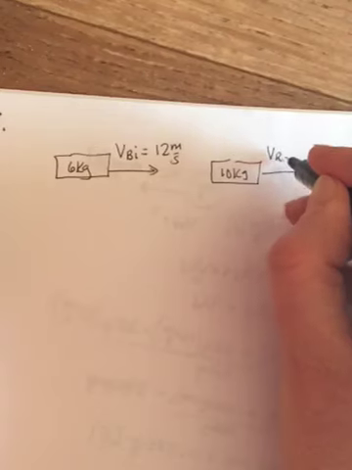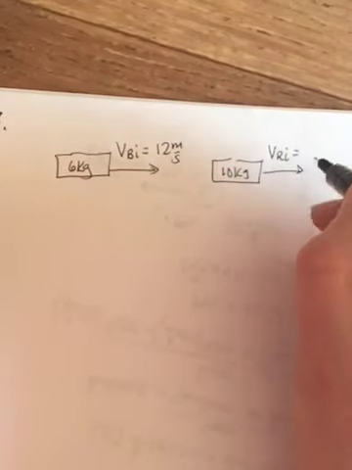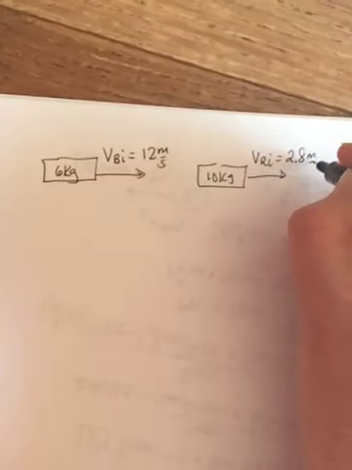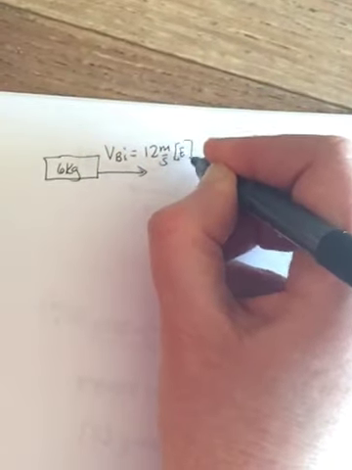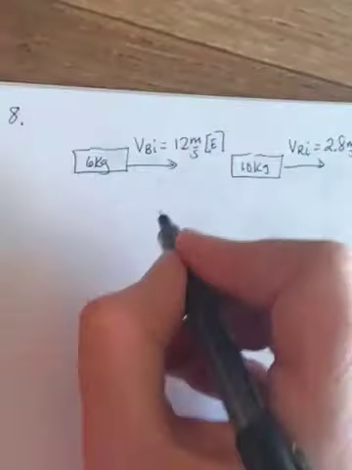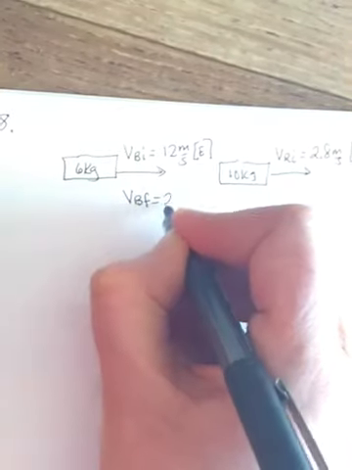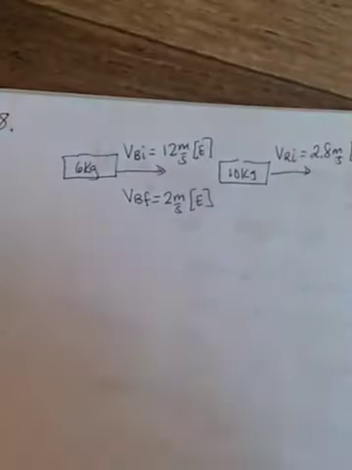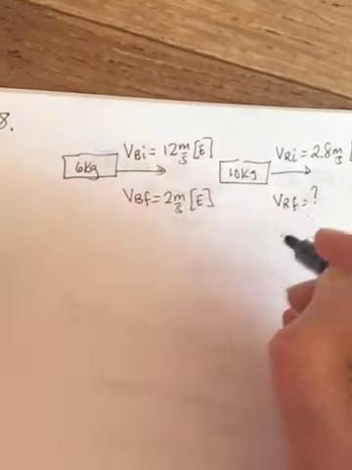So V red initial is this way, 2.8 meters per second, and they're both east. After the collision, the blue cart continues to move east, so V blue final is 2 meters per second east, and it wants to know V red final for part A.